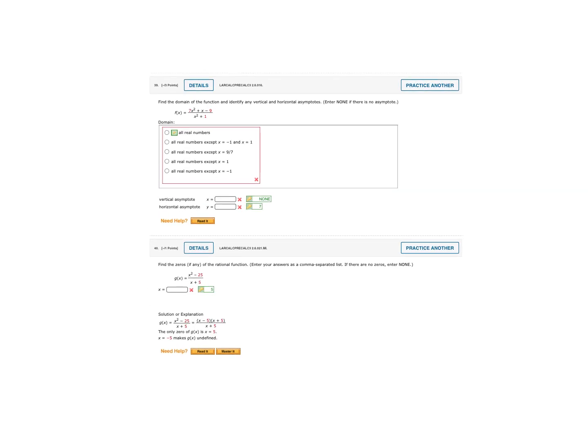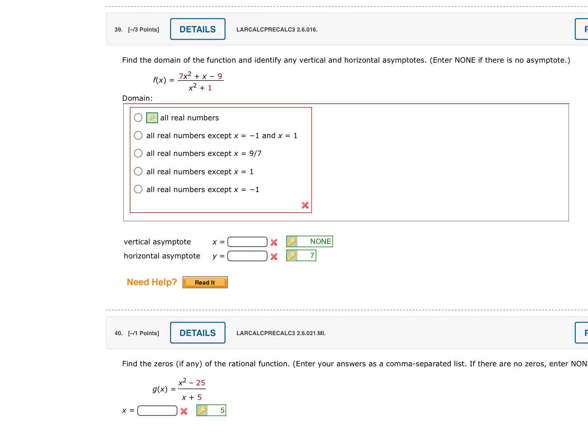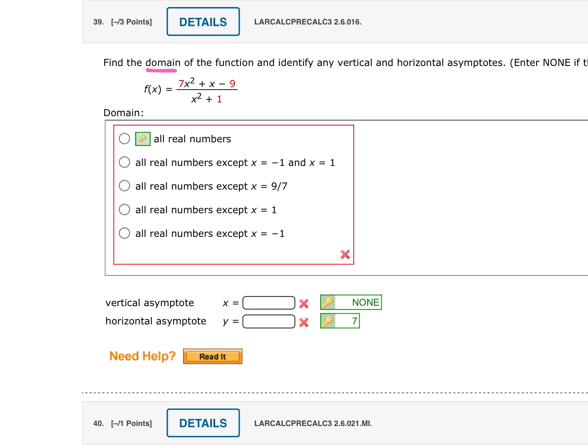For something like 39, we find the domain. Domain, we know that our denominator cannot be equal to 0, so set the denominator not equal to 0. To find any vertical and horizontal asymptotes, our vertical asymptote is the same as the domain. We'd set the denominator just equal to 0.